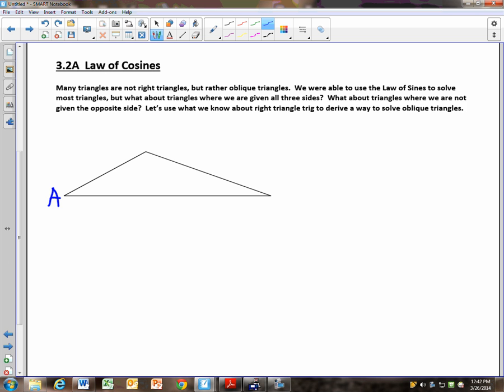A, B, C. We don't have a right triangle? We make a right triangle. What should I call that red line? H for height. Very good.